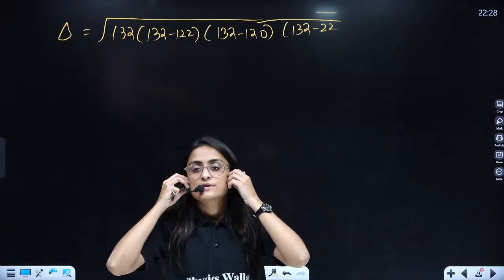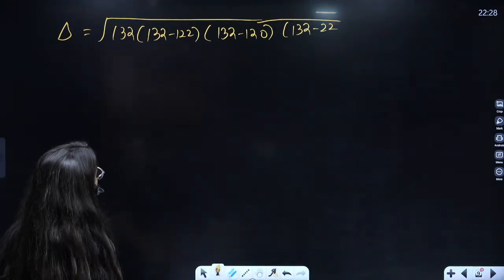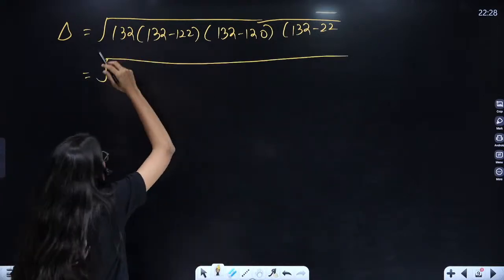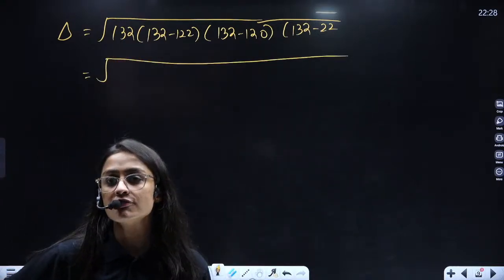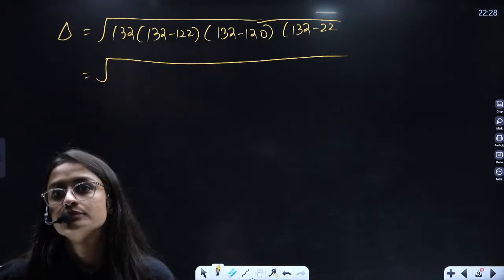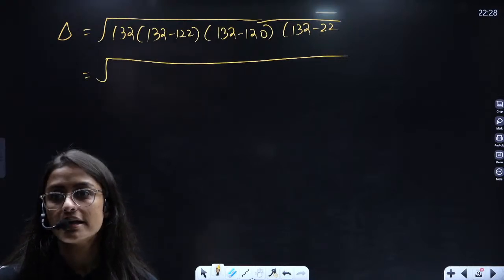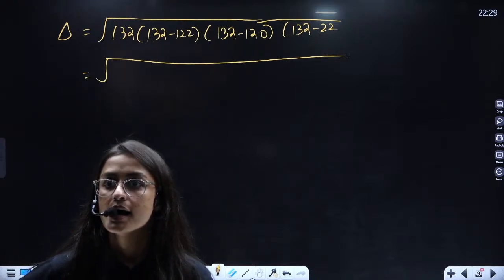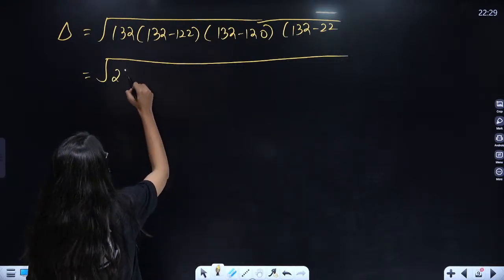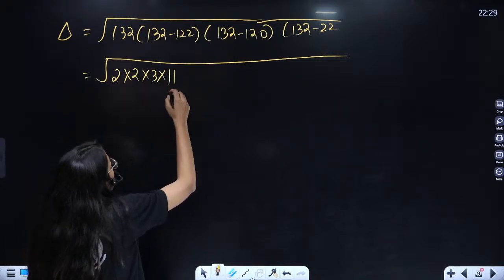Okay, students. So, for moving further, if I prime factorize 132, that's 2 into 3 into 11. That is 12 multiplied by 11.